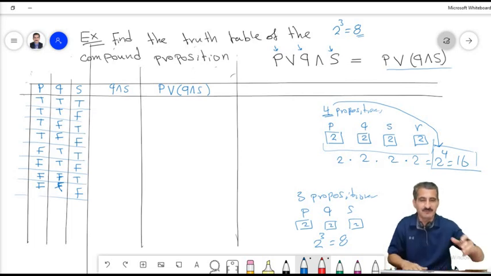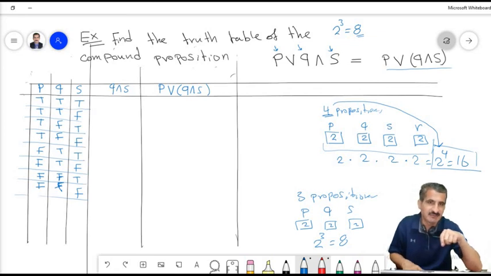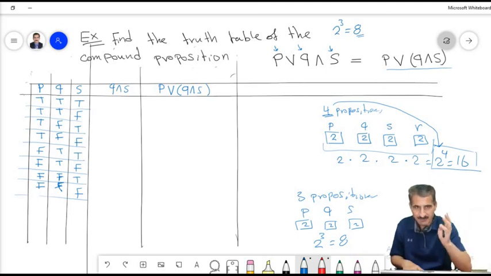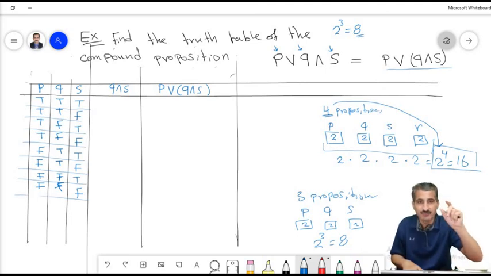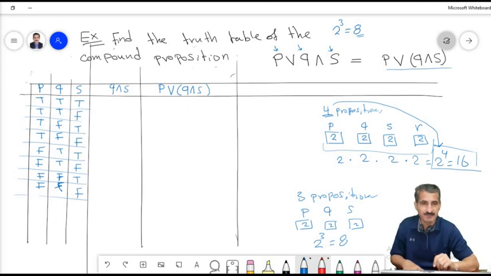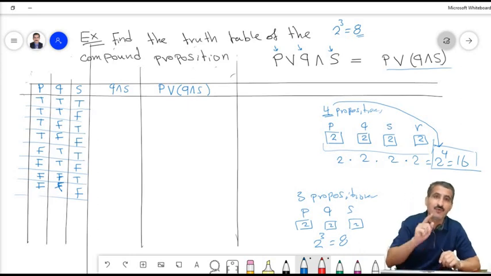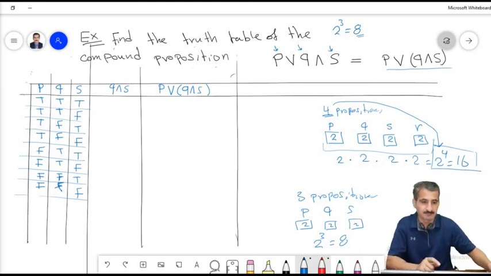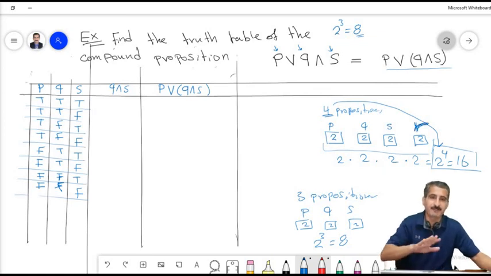So the very first one to the right, change true and false alternatively each time. When you move to the variable to the left, you change every 2 times: true, true, false, false, true, true, false, false. When you move to the left one more, you change every 4 times. And now if you have 4 variables, as in here, R will change every other time: true, false, true, false, true, false.